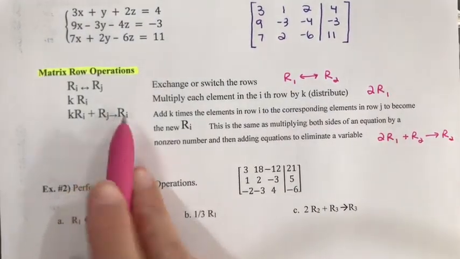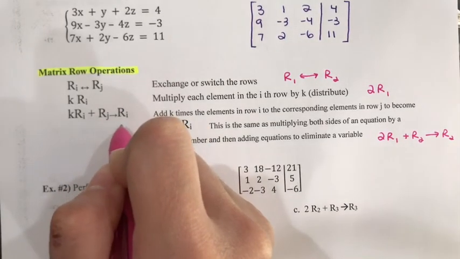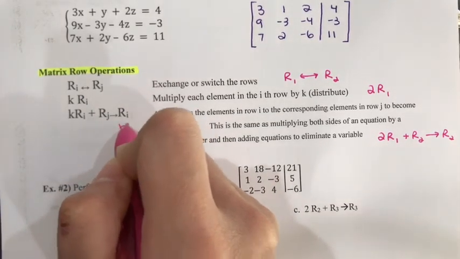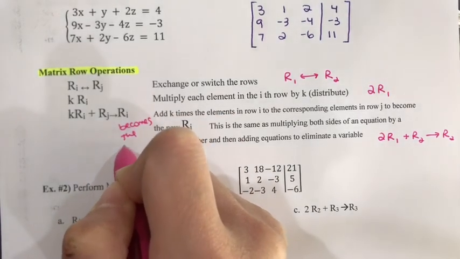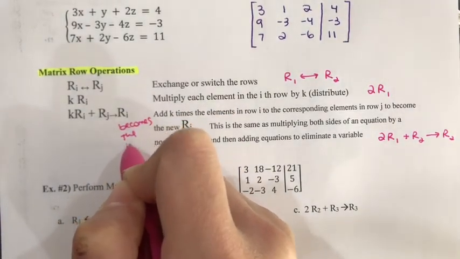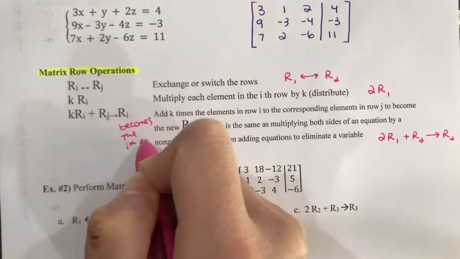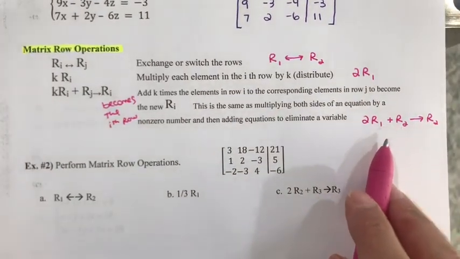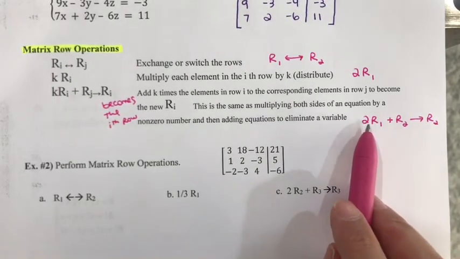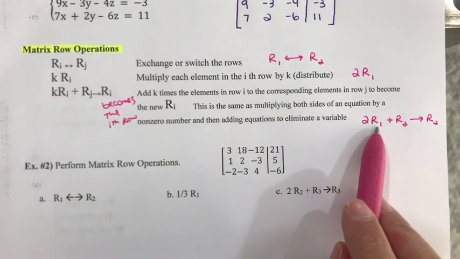This arrow at the end means that it becomes the row we're replacing. In this case, I like using numbers. It just makes a little bit more sense.